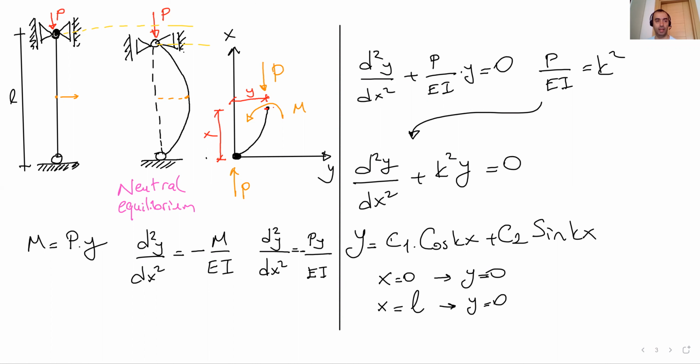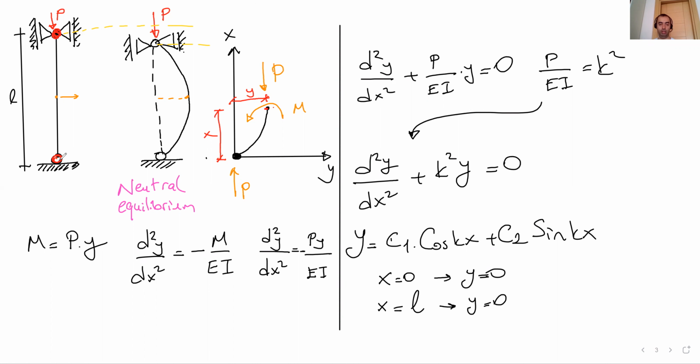One at the top, one at the bottom. The hinge means there is no moment at this point. So this Euler's theory actually works only for two hinged members.